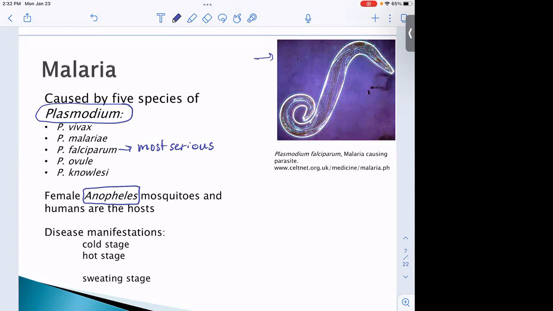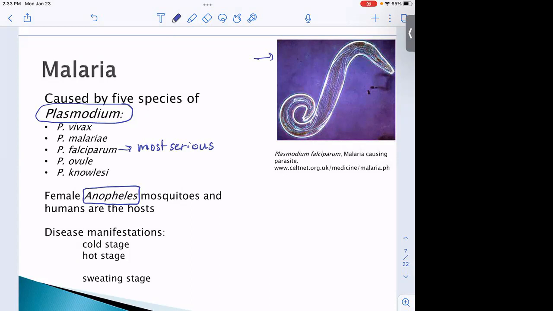And the female mosquitoes, unfortunately, are not harmed at all. If they were, then we probably wouldn't have a problem. But the Plasmodium have part of their life cycle in the mosquito, and then they transfer back and forth between the humans and the mosquito. It's a cyclic disease.